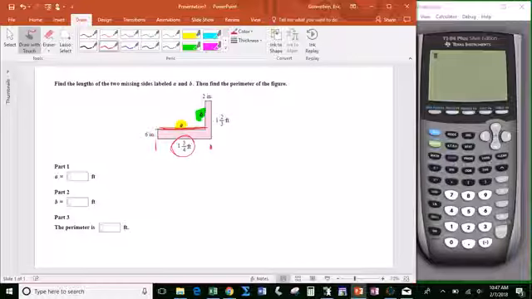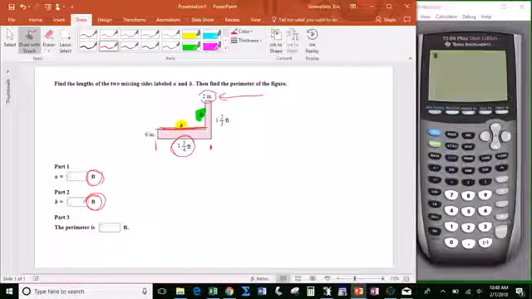The first thing I see when I look at this problem is that some of these sides are labeled in feet and some are labeled in inches. So let's put everything in one common unit. I think it will help to convert everything to feet because we're looking for answers in terms of feet. So this 2 inches here, how many feet is that?